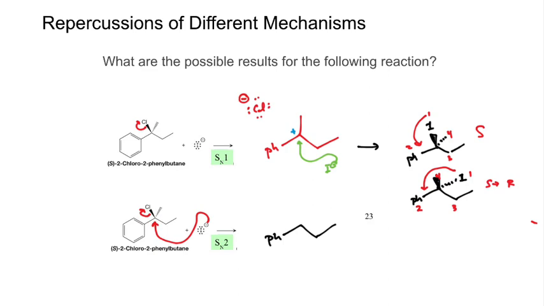Okay. Backside iodine, we push the methyl forward. Now if we go through and assign 1, 2, 3, that's 4. 1, 2, 3, we're moving counterclockwise, we're looking at it backwards. Goes to R and we got inversion.